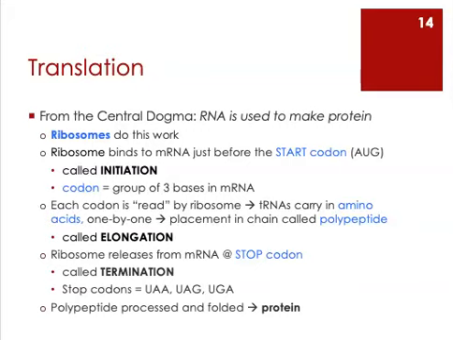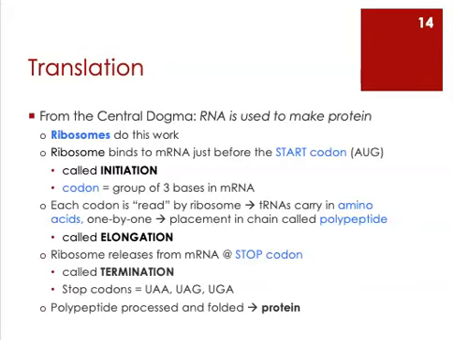And this process brings in another player to this gene expression process. This other player is transfer RNA, or tRNA. Transfer RNA does the work of bringing in the correct amino acid for each codon.